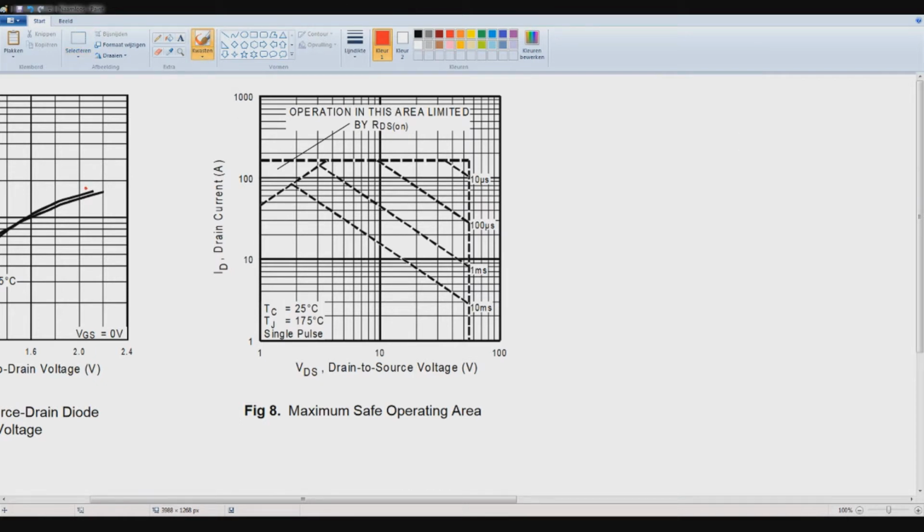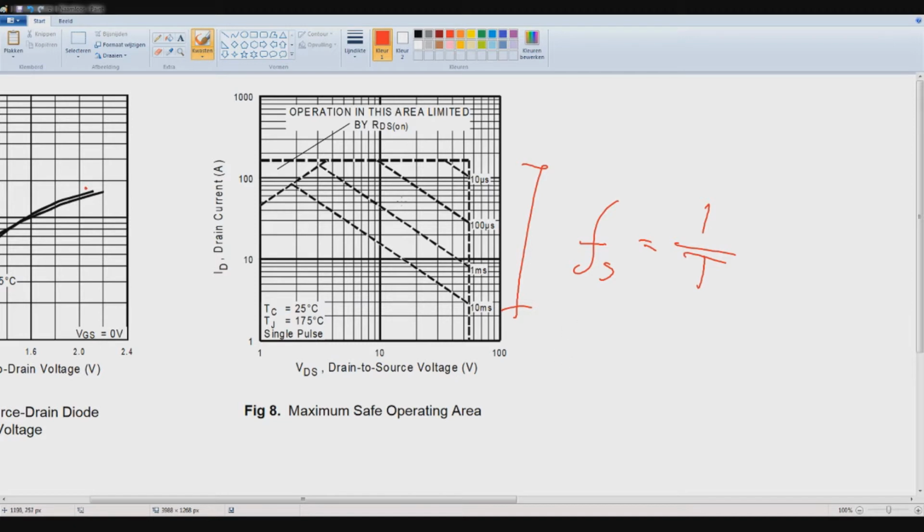So let's take a look. What this says is maximum safe operation area with drain to source voltage on the x-axis and the drain current at the y-axis, and over here we can see different times, which is probably the pulse. Therefore what you can correlate this to is the switching frequency, which is 1 divided by the pulse time of the period.